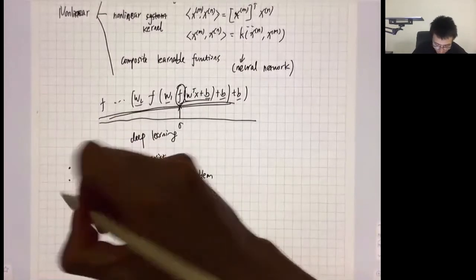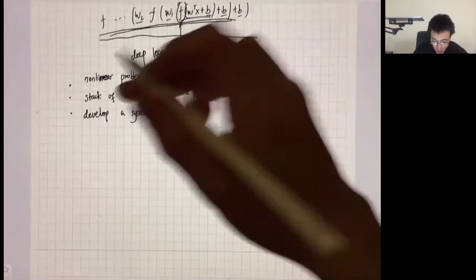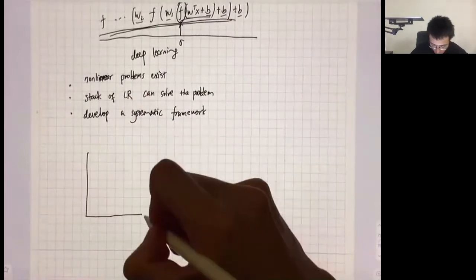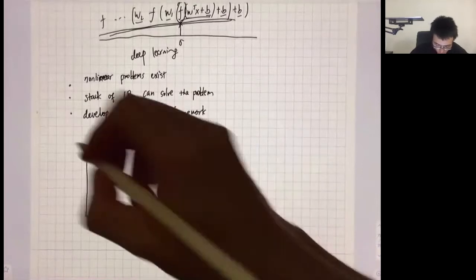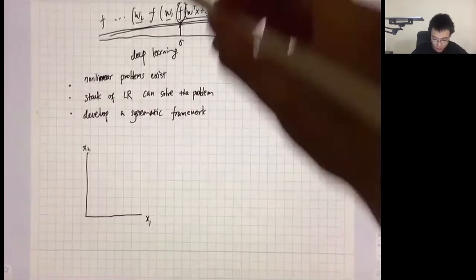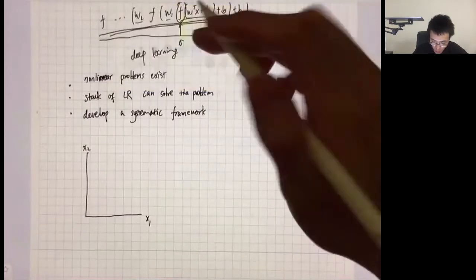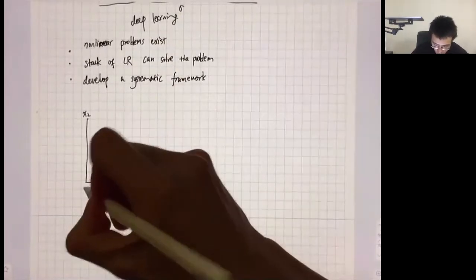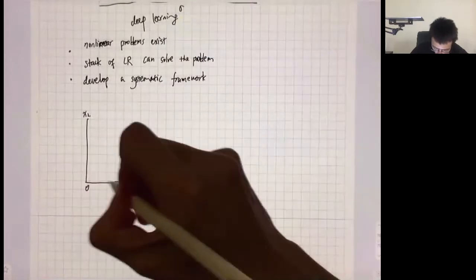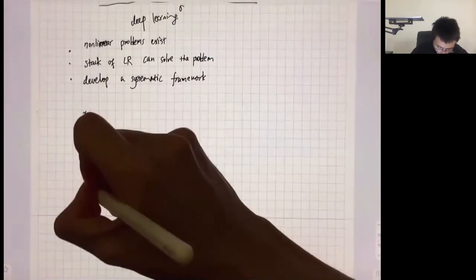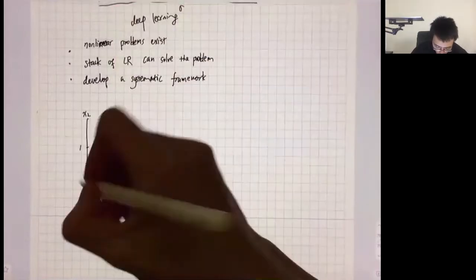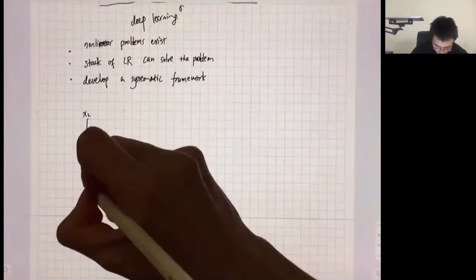Okay. So first, I'm going to show that nonlinear problem exists, and this is obvious. So let's consider x is x1, x2. There are two features, and this is 0, 1, okay, 0, 1. After 4 points, 4 data points, this is 0.